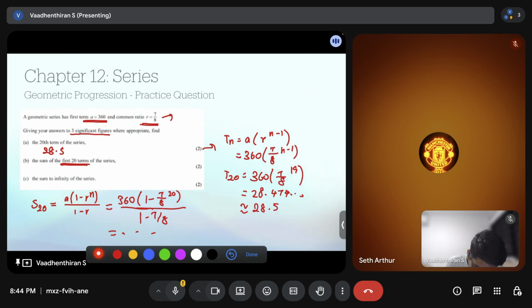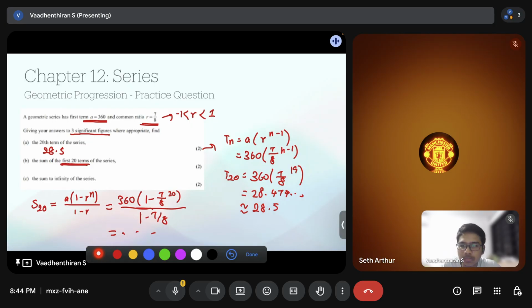And the sum to infinity: you can see that r is between negative 1 and 1, so there will be a sum to infinity. In some questions, they will give you the series and ask why there is no sum to infinity. The reason is that the common ratio is not between negative 1 and 1.